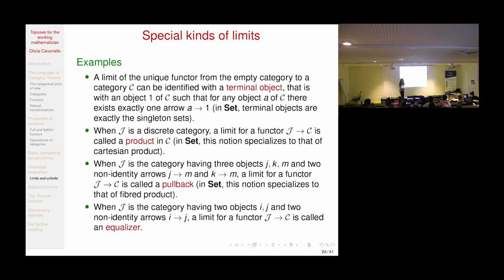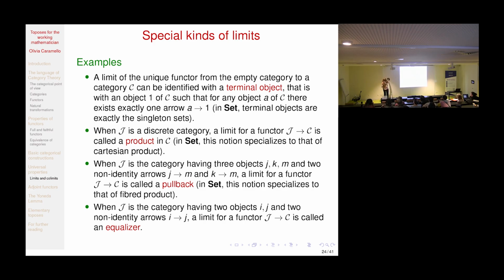So I think that these examples already illustrate the interest of this very general notion of limit. And similarly, by dualizing and specializing the notion of limit, we can get many other interesting notions.